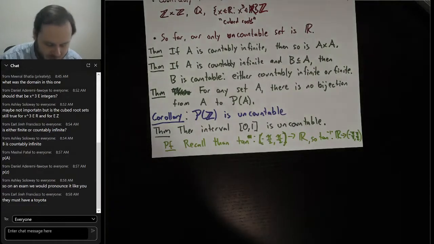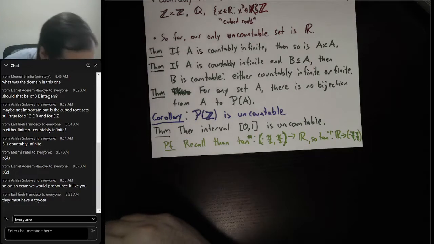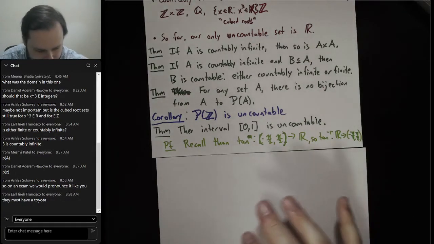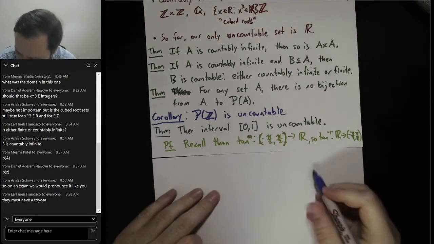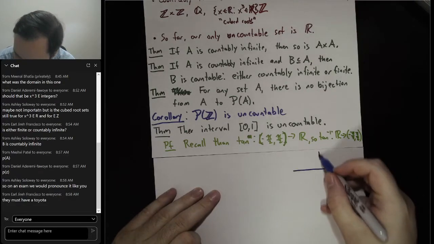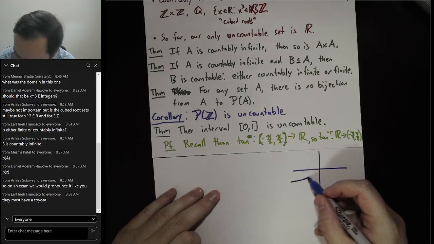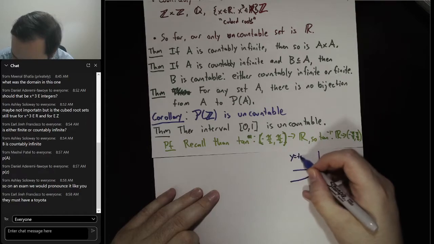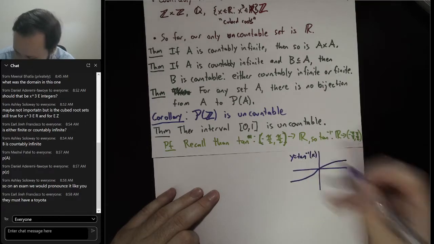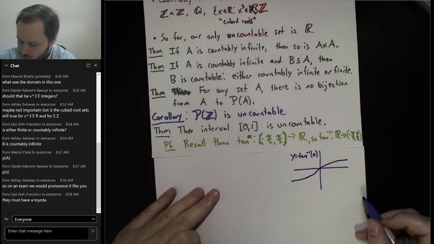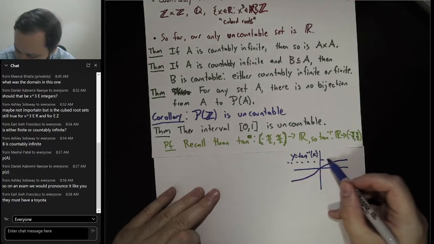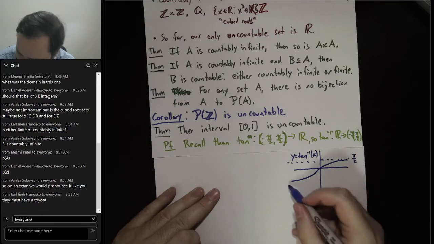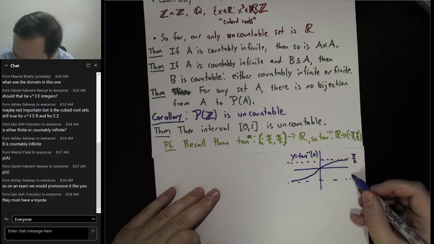The arctangent function, the inverse tangent function, looks like this. You've got asymptotes at pi over 2 and negative pi over 2.